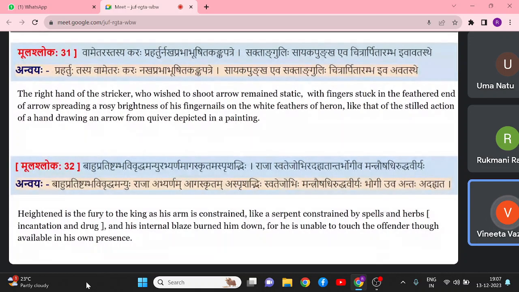And his internal blaze burned him down, for he is unable to touch the offender, though available in his own presence. Okay, thank you. So now we know how helpless and infuriated all kinds of things are happening inside him. That is the state of Dilipa.